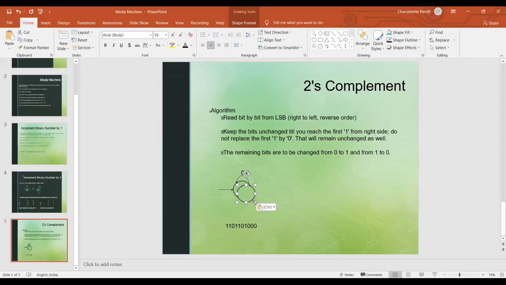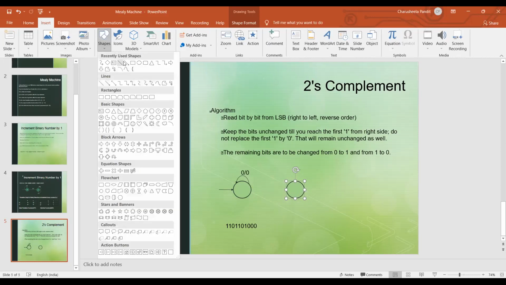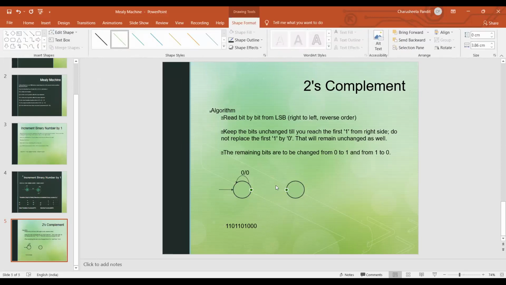I'll draw that other state so that it will be easy to show the other transitions. For q0, when it receives 0, it keeps it as it is. When it receives the first one, it also has to keep it intact.